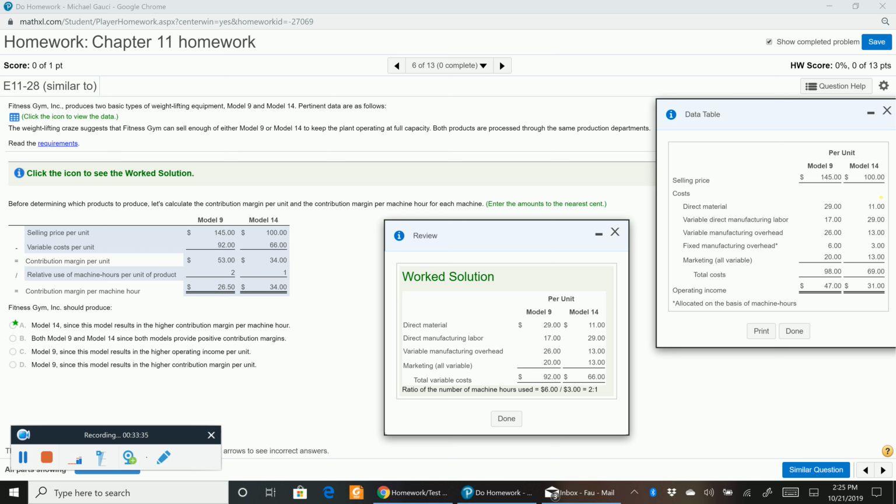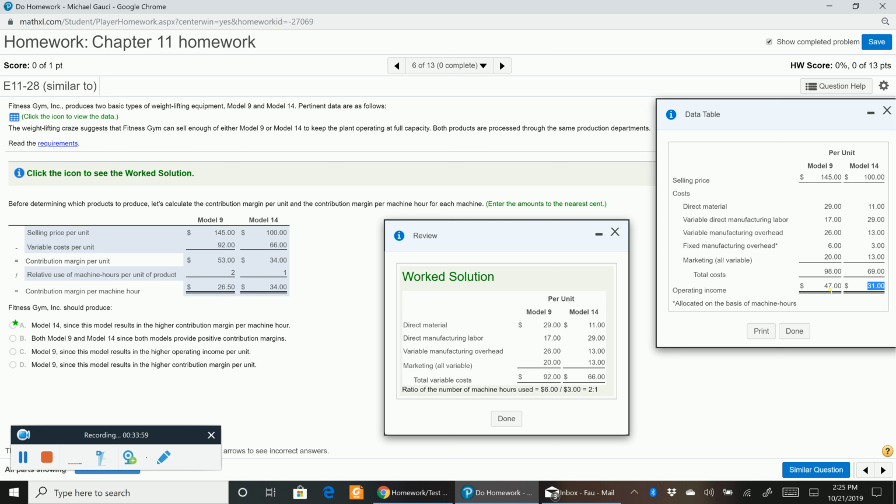Here's the information, over here in the far right, the data table given to us. If we sell Model 9, $145, here are all of our costs, both variable and fixed, to give us operating income of $47 per item. Model 14, the selling price is a lot lower, 100, and guess what? So is the operating income. It's a lot lower.